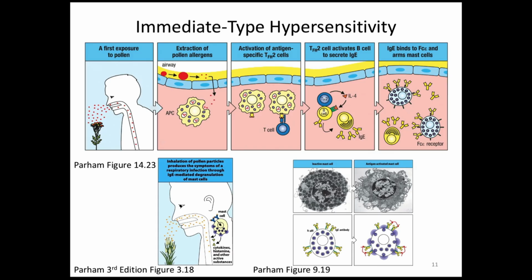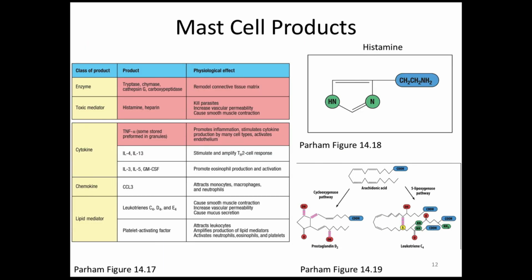The other thing we need to think about here is what exactly these products are in the mast cell that are leading to all of these symptoms, all these physiologic effects. The mast cell has a bunch of different products in the granule. There are tons of products inside the mast cell granules. Many of them are enzymes.